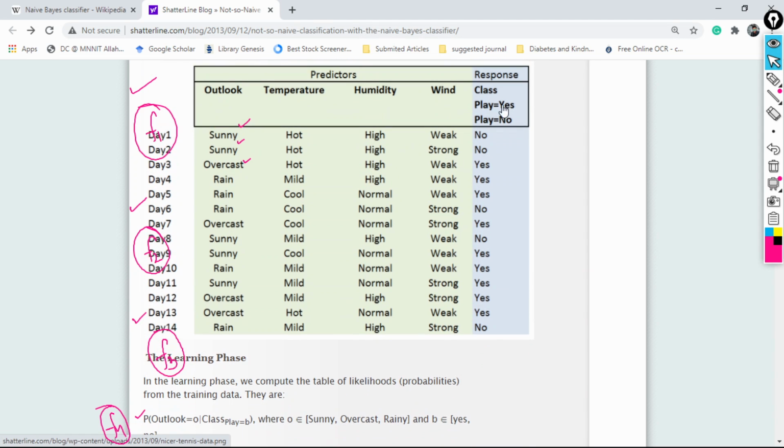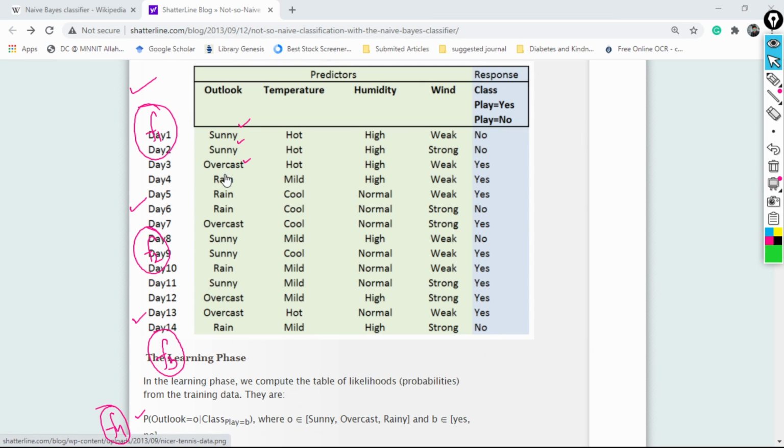First we are just considering the yes class level, and in the yes class level, let's see how many points are sunny. I am using another color here, the green color. So class level no, this one yes.